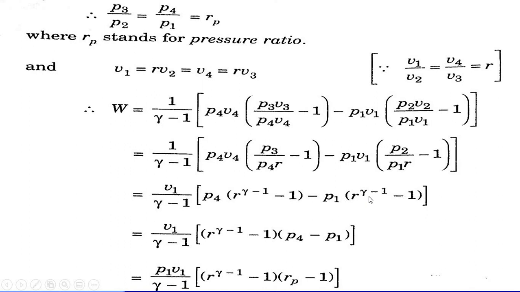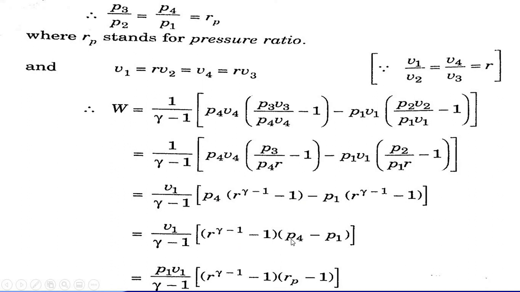So when you write these two combined together, then R power gamma minus 1 minus 1. So V1 by gamma minus 1 into this R power, take the common terms out. R power gamma minus 1 is common in both these terms. So R power gamma minus 1 into P4 minus P1.